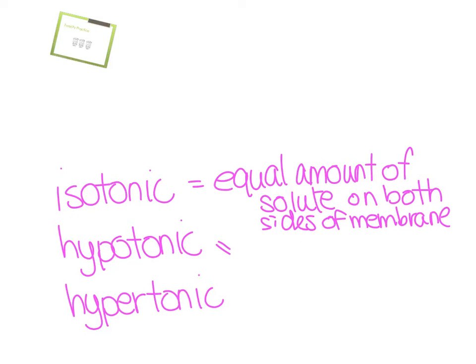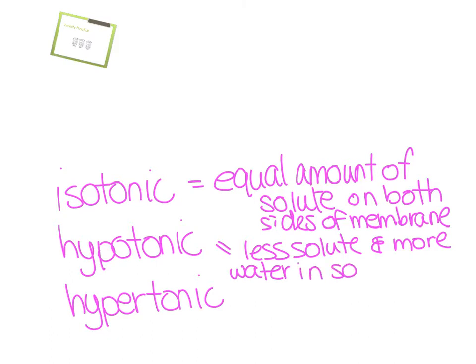So a hypotonic solution has less solute and more water in solution. And if it makes the cell swell, then it's going to be outside the cell. Right? Because you said that the water is going to rush in.